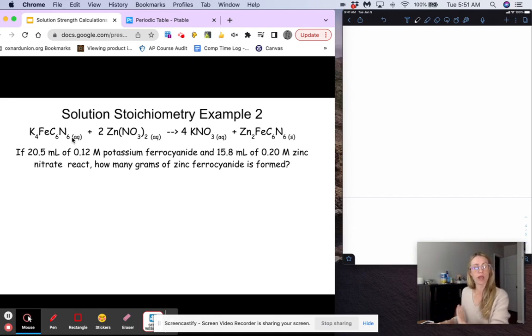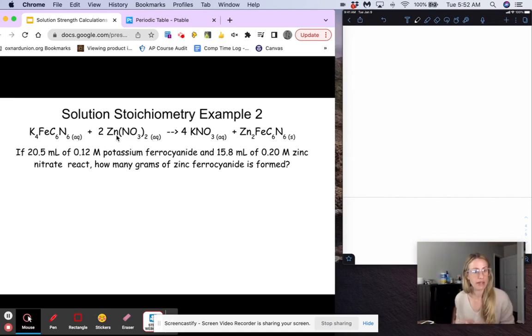Whew, okay, so this is a limiting reactant problem. And I know that because I'm given an amount of this and an amount of this, and I want to know how many grams of this is formed. All right. So because we're given the amounts of our two reactants, that means that one of them is going to be a limiting reactant.